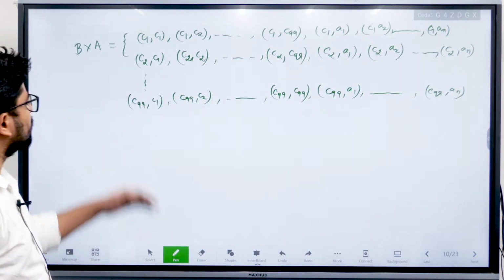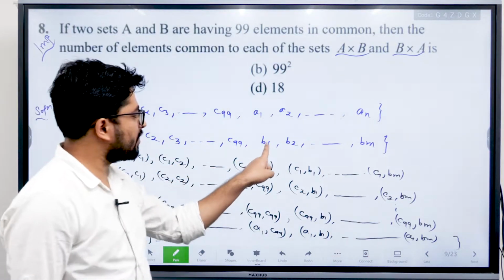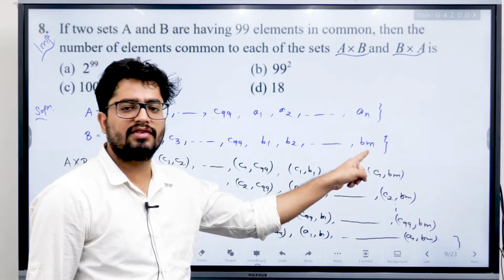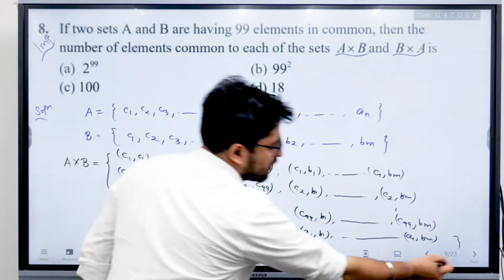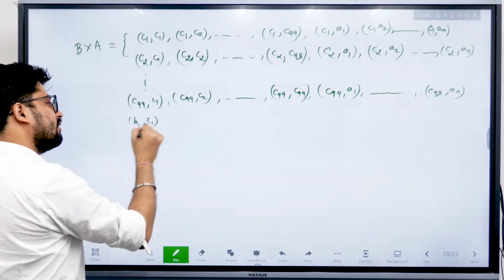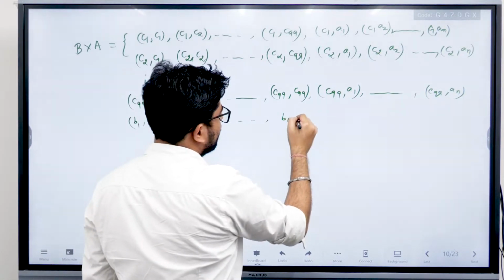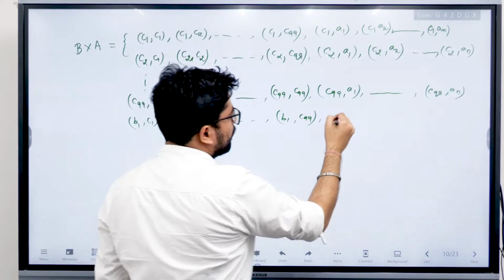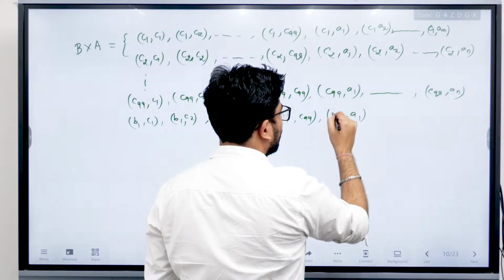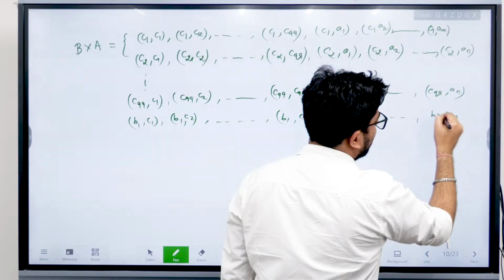Okay, so this is still C99. Now we have B1, so B1 C1 and so on. Then for B2 we have B2 C1 and so on until B2 A1 and AN. So B1 C1, B1 C2, B1 C99, B1 A1 and so on, B1 AN.